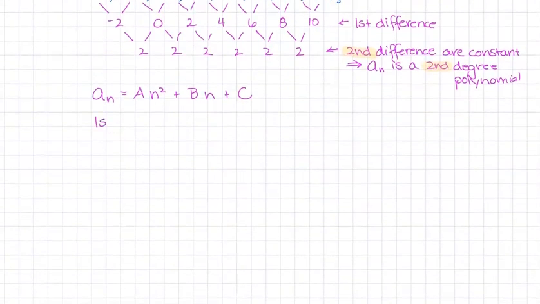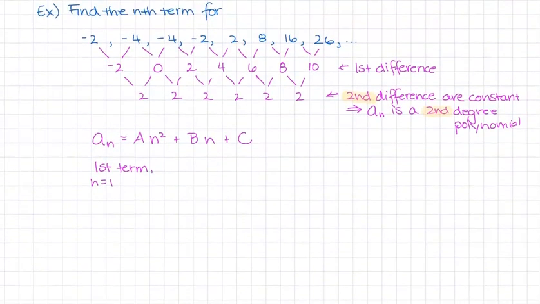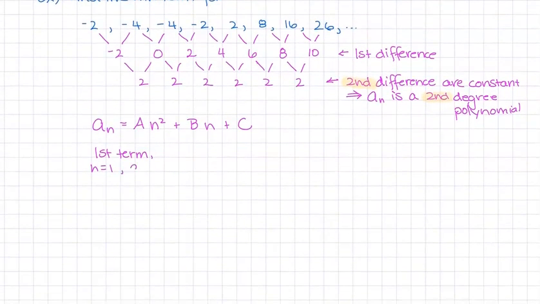From the first term, we know that n equals 1, and that a sub n would be negative 2. So when n is 1, the first term, a sub 1, is negative 2. So that gives us this equation.